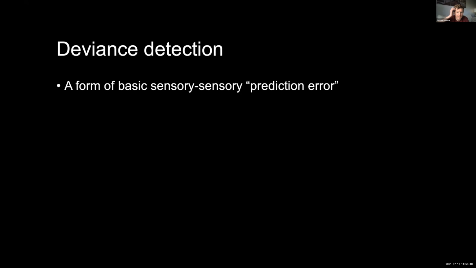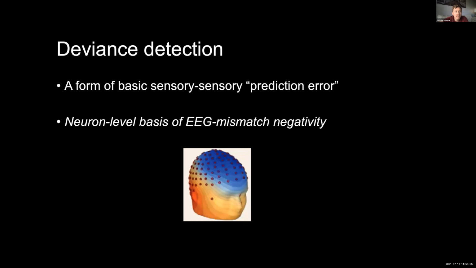And I want to make that clear that it's sensory or temporal prediction error, because prediction error is used in a lot of contexts and can take a lot of forms. For instance, well, I won't get too deep into that. But the thinking is that deviance detection at this level is a neuron level basis of the EEG mismatch negativity.